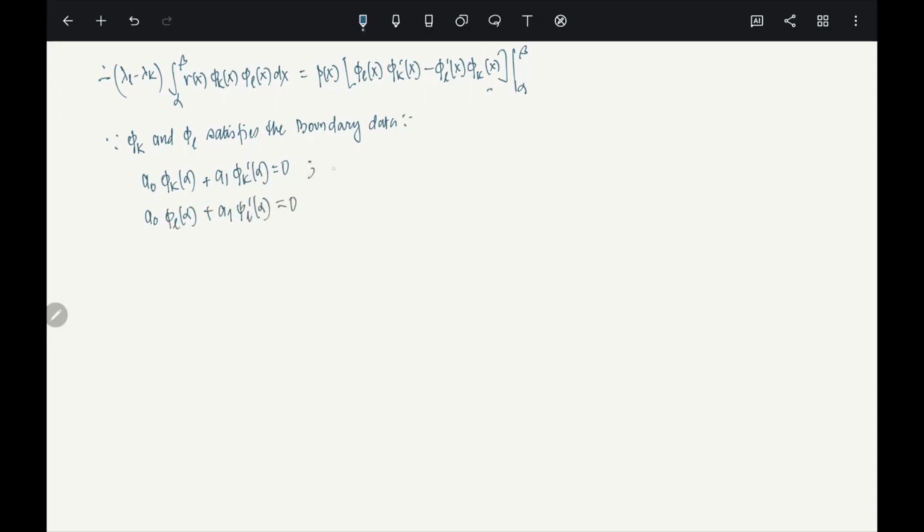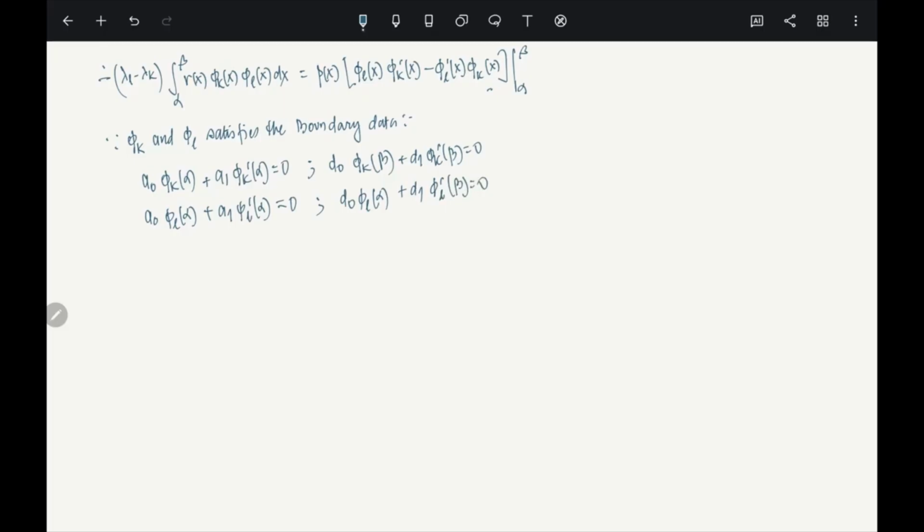Similarly, d naught times phi k at the point beta plus d1 times phi k prime at the point beta is 0, and d naught times phi l at beta plus d1 times phi l prime at the point beta is 0. So those two conditions are satisfied.